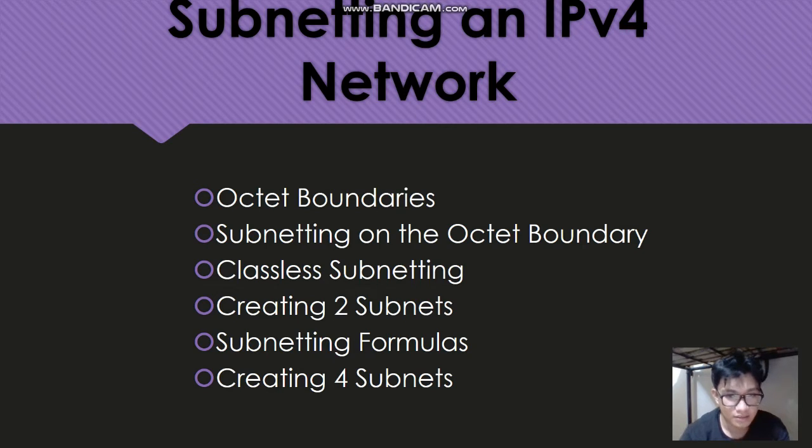Number 2 is subnetting on the octet boundary. To understand how subnetting on the octet boundary can be useful, the enterprise could further subnet the 10.0.0.0/8 address at the octet boundary of /16. This would provide the enterprise the ability to define up to 256 subnets.